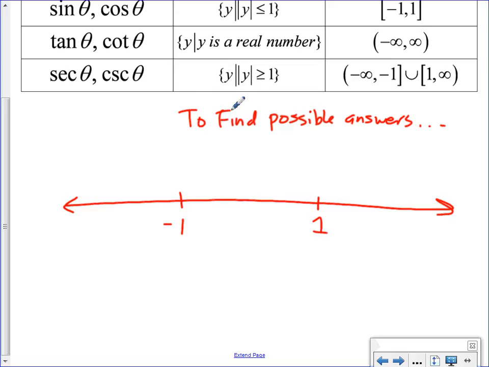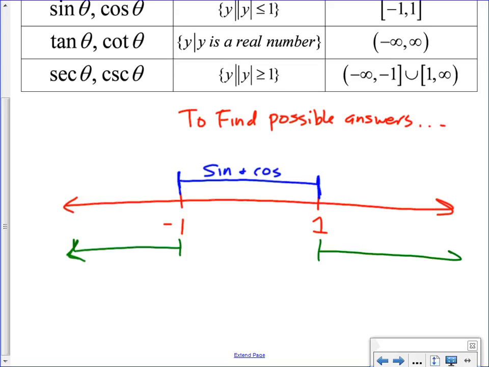The possible answers for sine and cosine have to be here, between negative 1 and 1. Anything outside of negative 1 and positive 1, so from here out and from here out, are the possible answers for secant and cosecant.